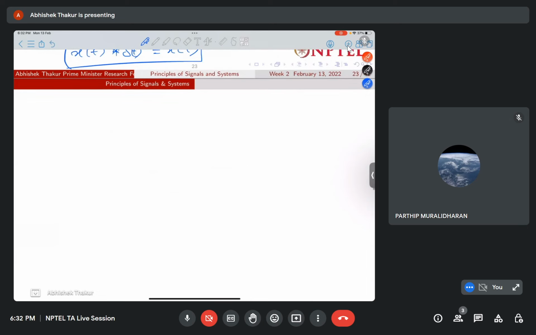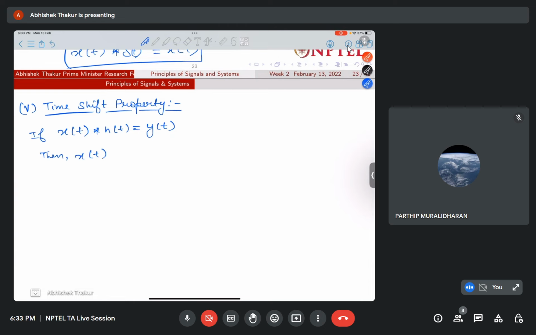Now the fifth one, that is the time shift property. In the time shift property, when x(t) is convolved with h(t), let's suppose this gives us y(t). Then x(t) convolution with h(t minus t naught) will give y(t minus t naught).